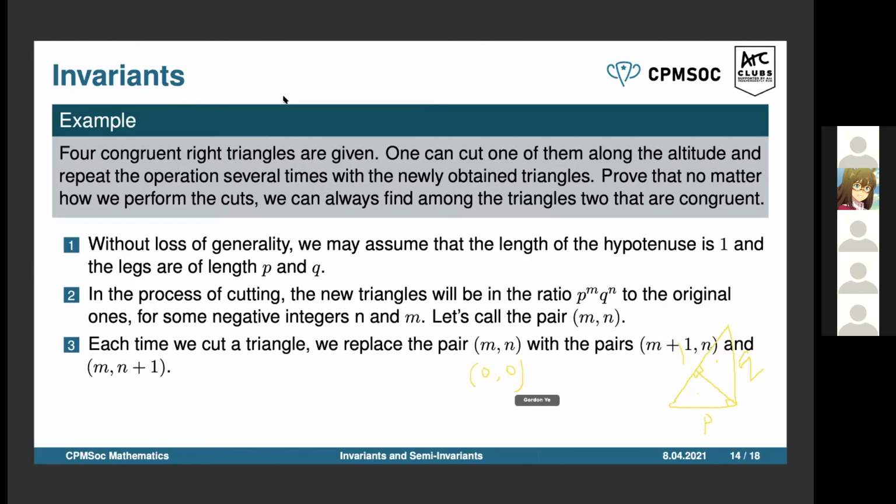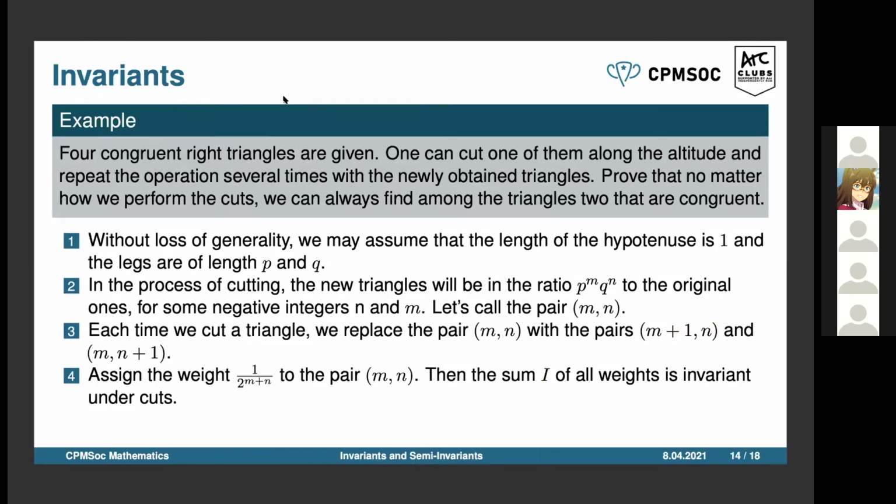And if we cut it, we'll get 1, 0 and 0, 1 as our ratio. Let me just think. Let's clear that. Can I get another dot point?